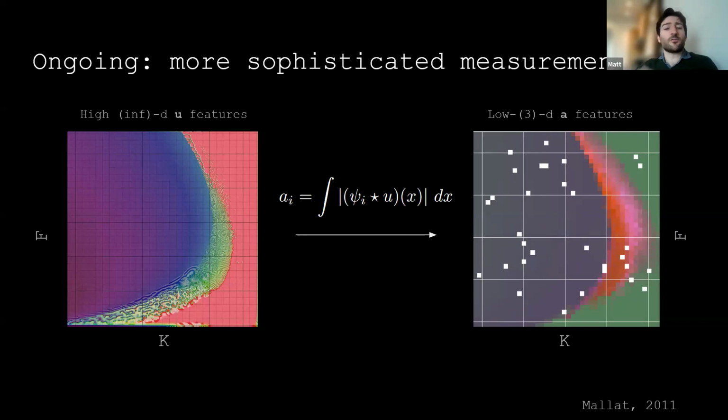So the idea is that the information is in there. If you choose the right phi and you choose enough of them, the information is in there. And so, for example, Mallat has this famous scattering transform, which is sort of an iteration on this idea.